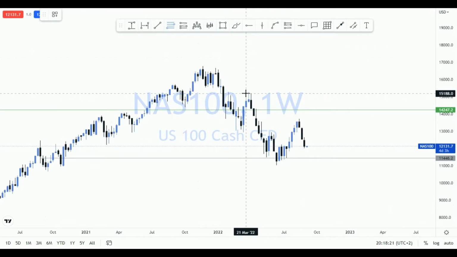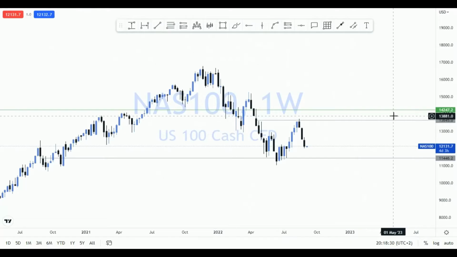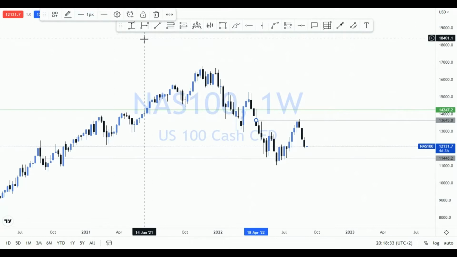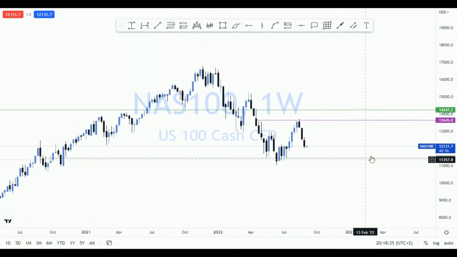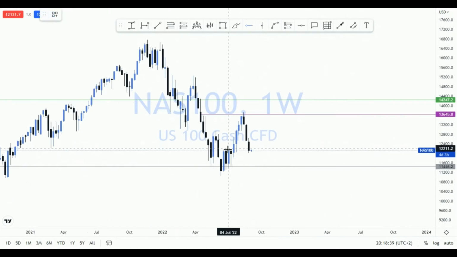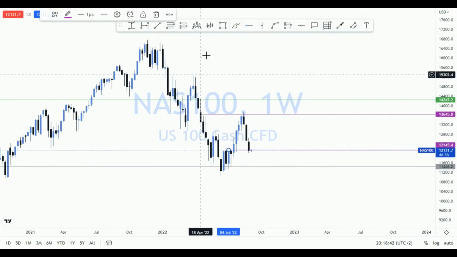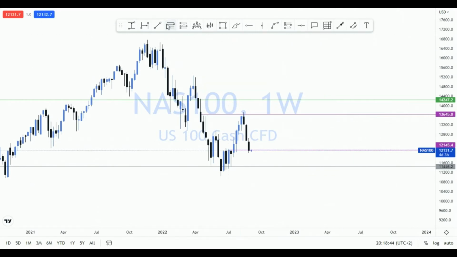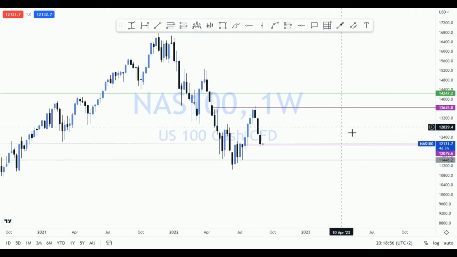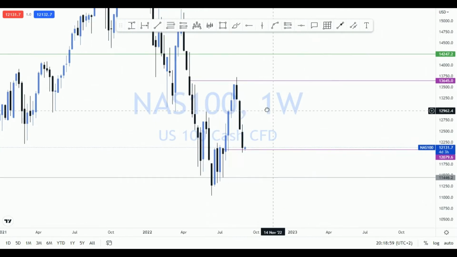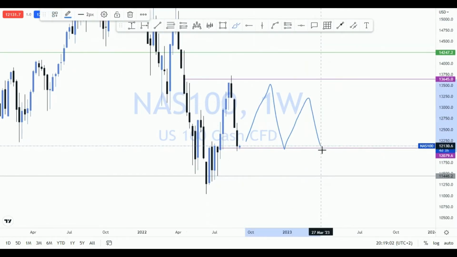I was actually planning on taking a shorting position at this level right here, but unfortunately I didn't take the position, right? So right now I'm just looking to see how price is going to trade in between these two levels right here, right?